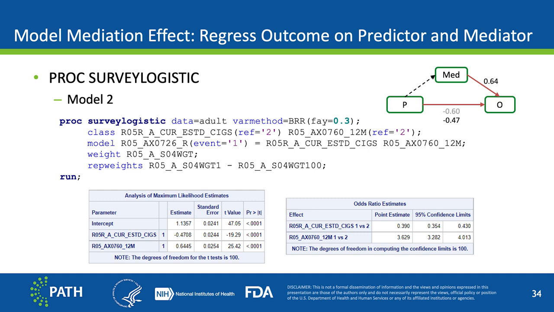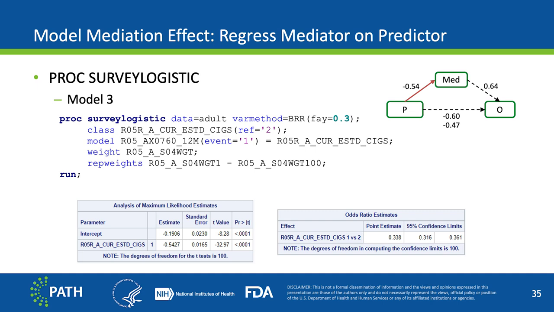Lastly, we examine whether the predictor has a strong association with our mediator. Without this step, you don't know if the mediator is really a mediator or just a case of joint exposure effects, as previously discussed.